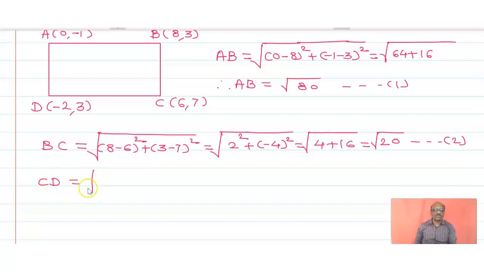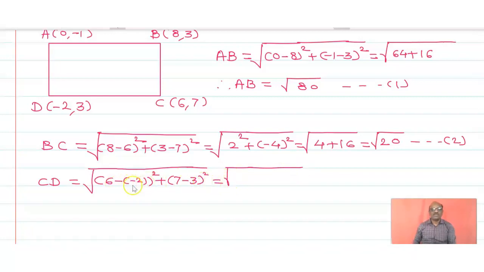CD is equal to the root of (6 minus (-2)) squared plus (7 minus 3) squared. Here again, minus and minus will become plus.